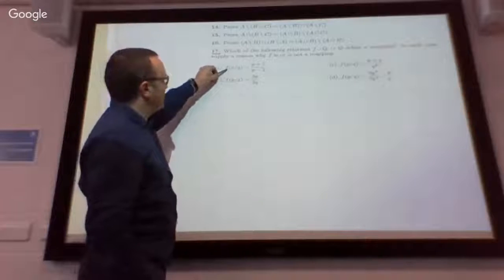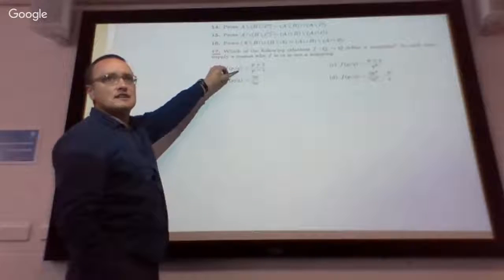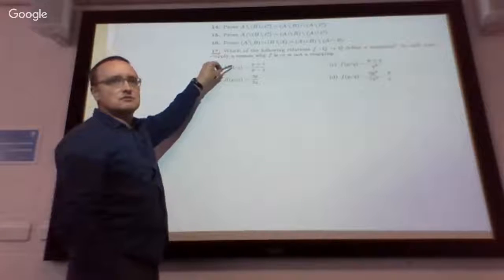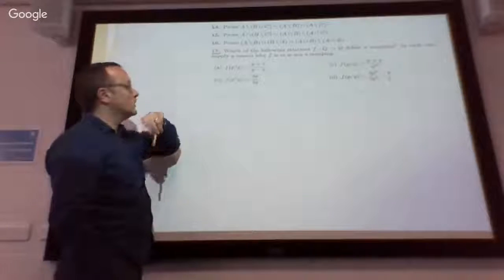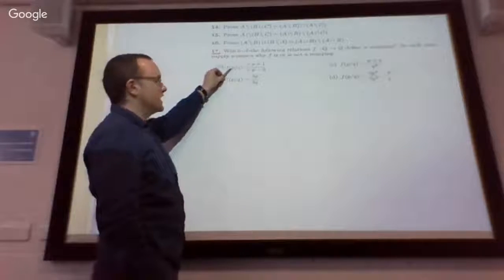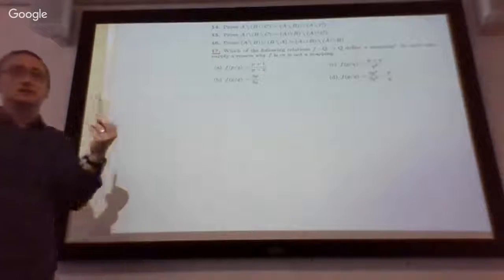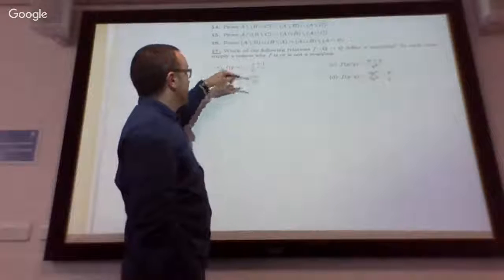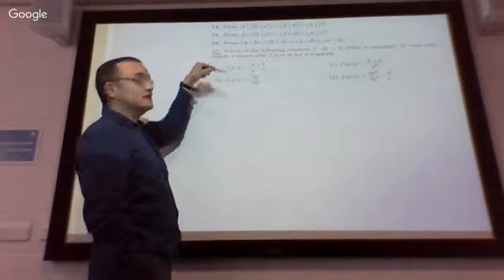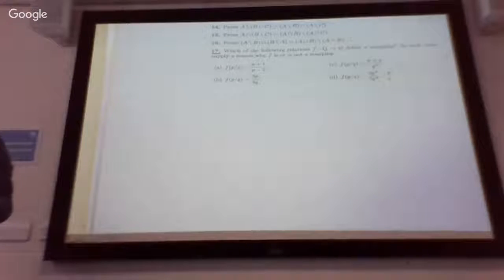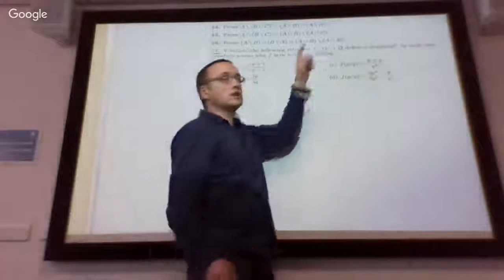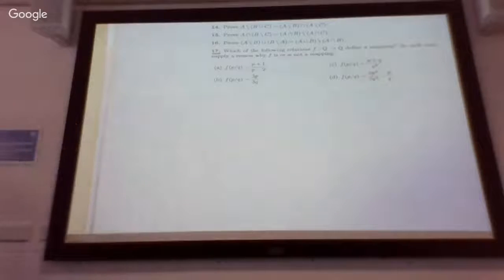So if I evaluate f on a half, 1 over 2, using this rule, so p is 1 and q is 2, will I get the same answer as when I evaluate it on f of 2 quarters? Because 2 quarters is the same rational number as a half. If I don't, then the thing doesn't qualify as a well-defined mapping, because well-defined for a function means that if you give it an argument, a particular rational number, it must give you a uniquely defined value. There mustn't be any ambiguity.